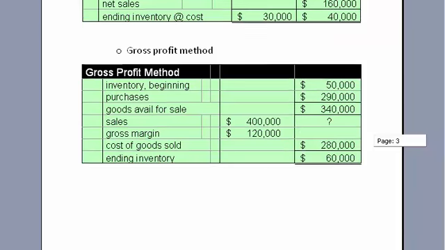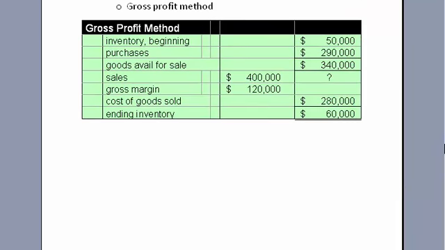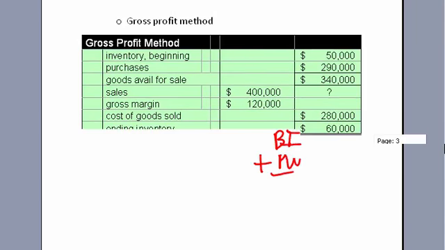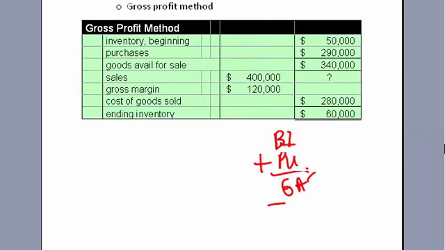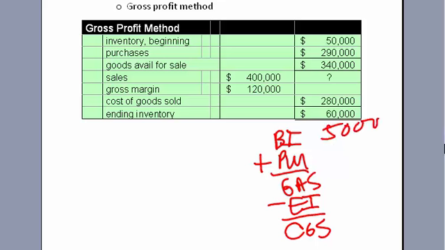So again, this is all based on the concept. Let me rewrite it here, that we have beginning inventory plus our purchases is goods available for sale minus ending inventory is cost of goods sold. So we've got the 50,000 here. We got the 290,000. So we have a 340,000 goods available for sale.